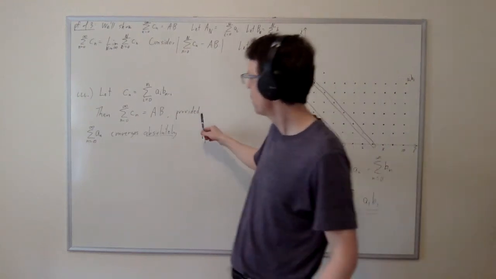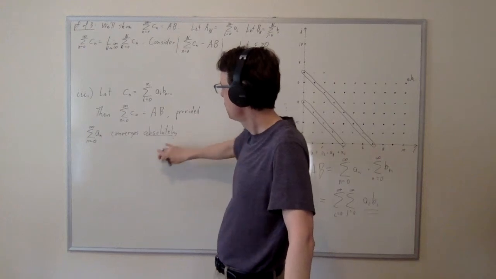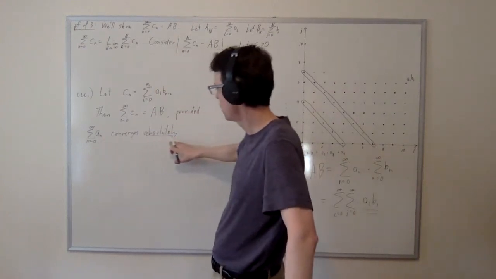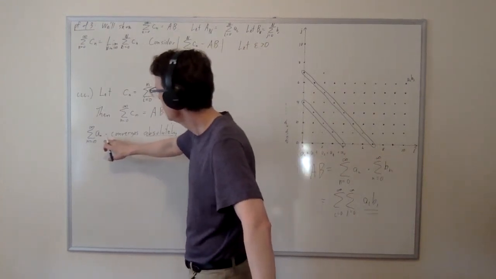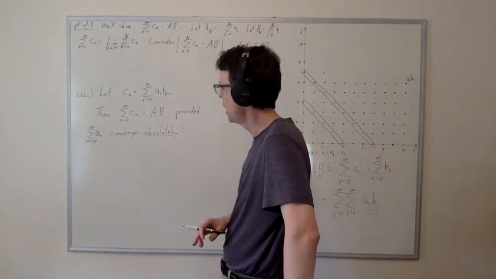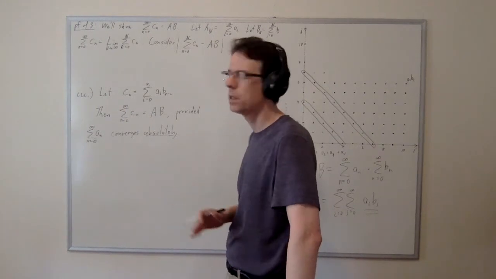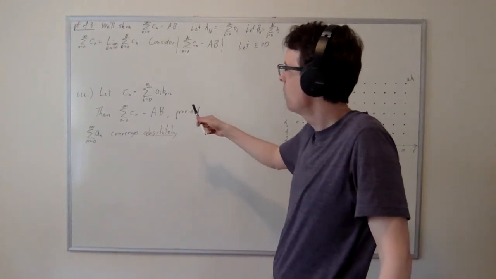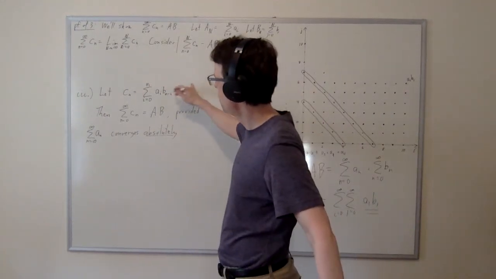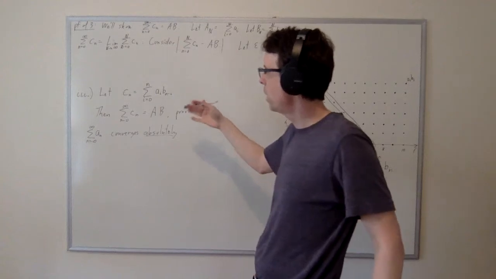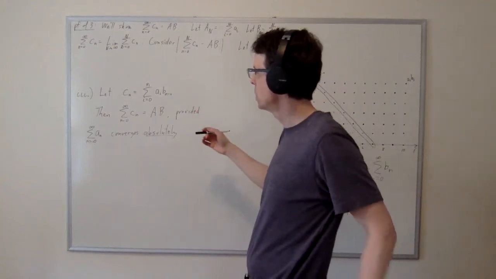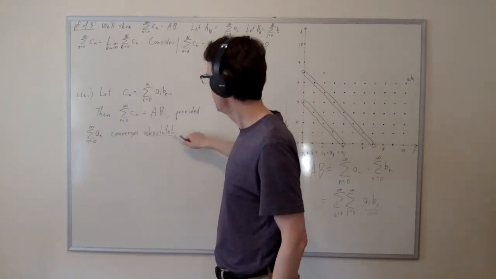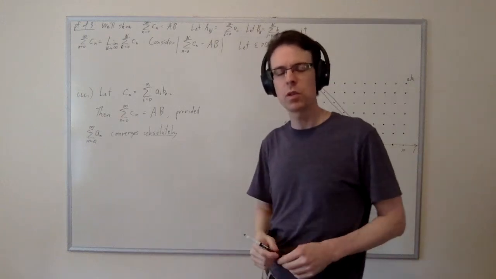Before I erase the statement, I want to call your attention to one of the hypotheses of the statement. This proof assumes that the series A_n converges absolutely. That might seem strange, and it seems strange to me because the series A_n and B_n play absolutely identical roles in the hypotheses and the statement, except here we assume that A_n converges absolutely.